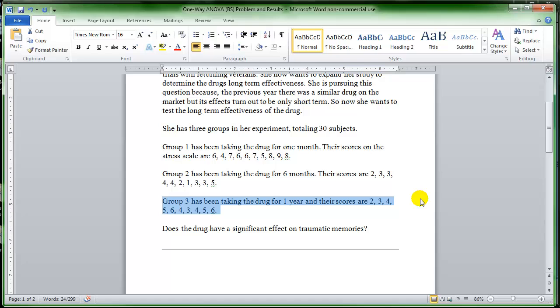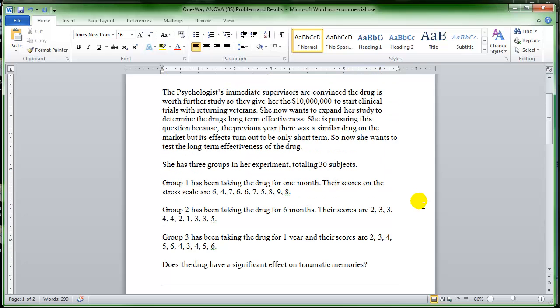Does it hold over time? So you can see that conceptually, the one-way ANOVA is taking the mean of this group and comparing it to the mean of this group and of this group. So there's a comparison between group 1 and group 2, group 1 and group 3, and group 2 and group 3. And that will become more clear as we go through the example.